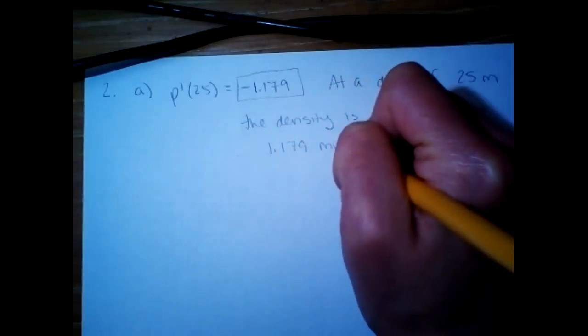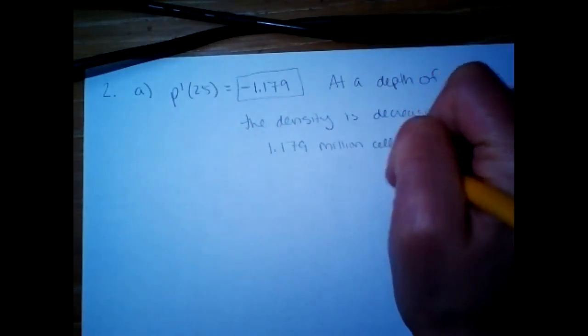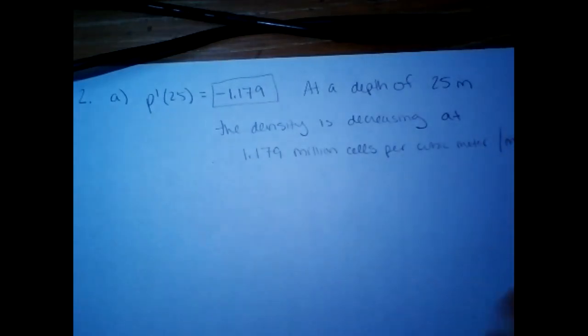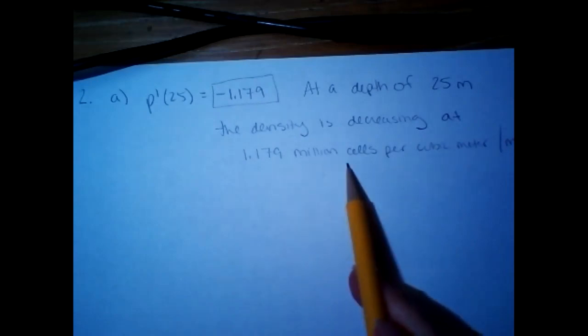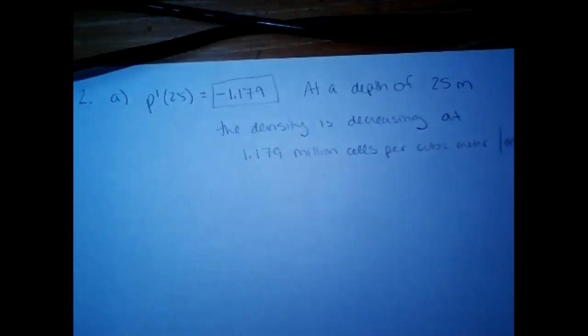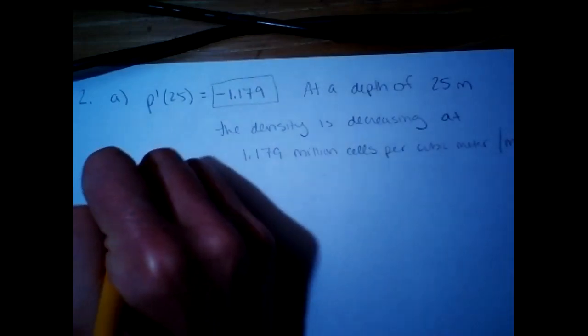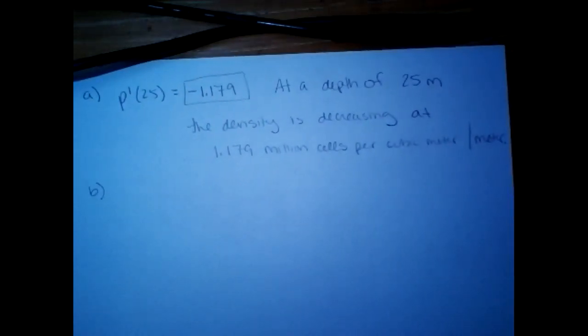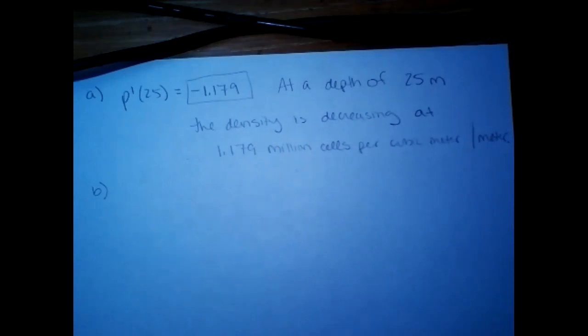Million cells per cubic meter per meter. So your amount of cells is cells per cubic meter, but then we did a rate of that, so per meter, and it's at a depth of 25 meters. Oops, that went off the page a little bit. Sorry, I'm having to toggle back and forth between reading the question and being able to see what I'm writing.